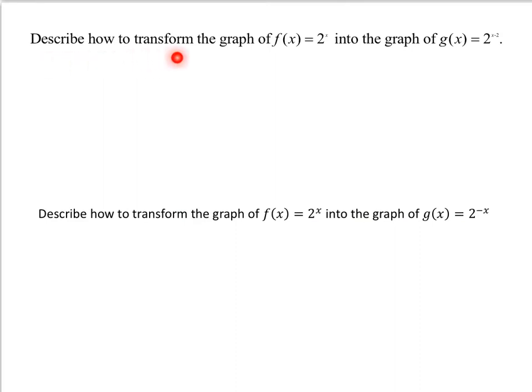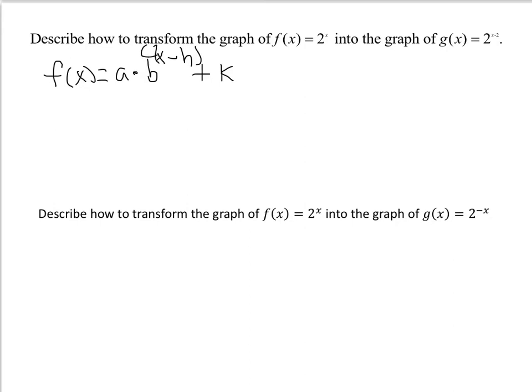Okay, it says describe how to transform the graph of f of x equals 2 to the x into the graph of g of x equals 2 to the x minus 2. Okay, so remember, we've seen this. Standard form: a times b to the x minus h plus k. And there's also a c up here.